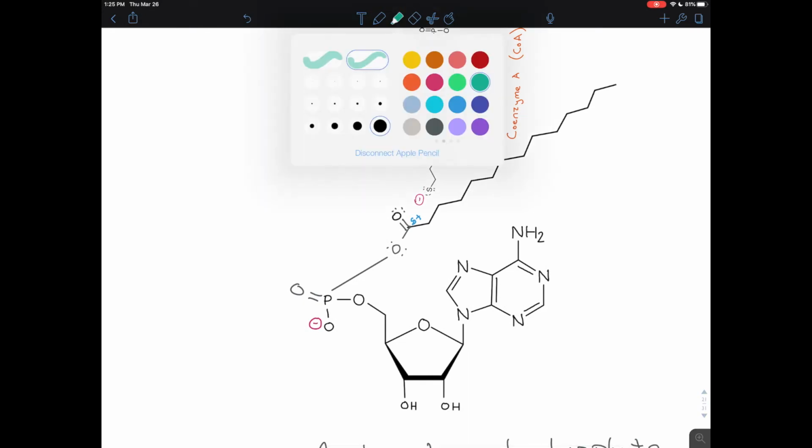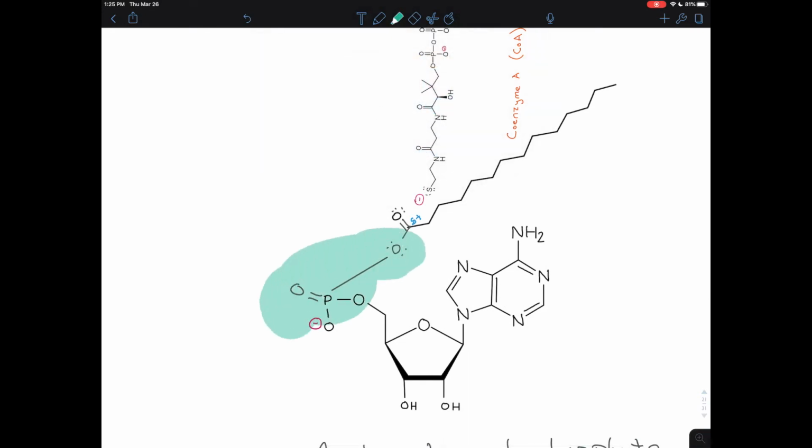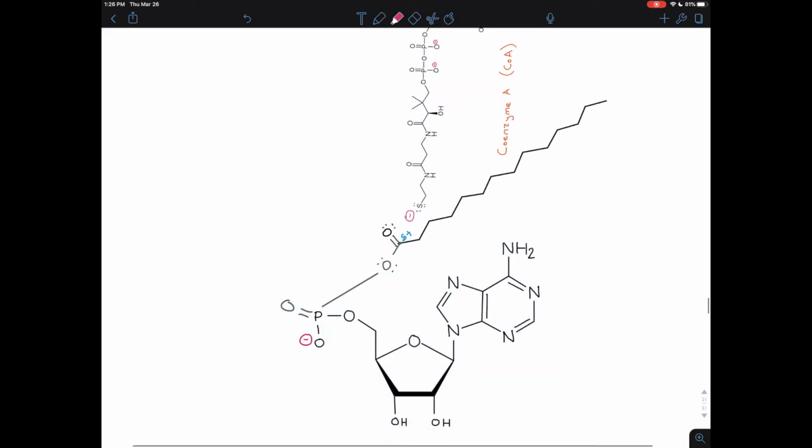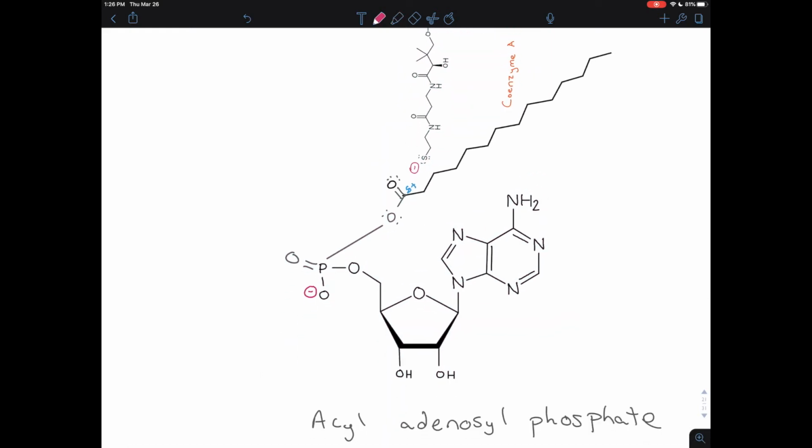So ultimately, this group here, which is AMP, is going to be our leaving group, and the coenzyme A is going to be our nucleophile. In those reactions, the first step is the nucleophile attacks the carbonyl carbon, the weakest bond, the pi bond breaks, the electrons go up onto the oxygen.